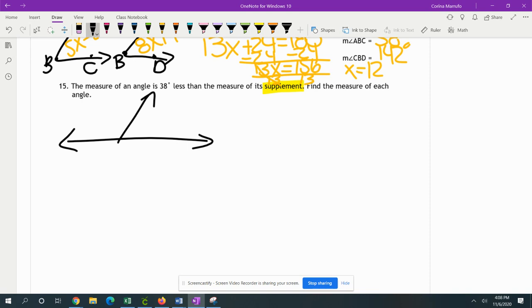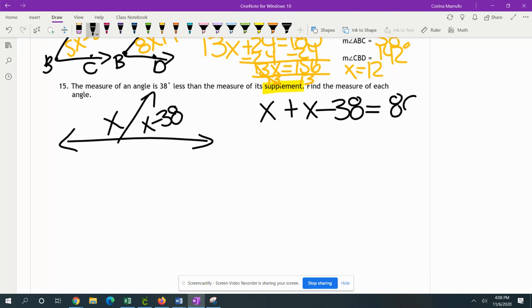But here it says the measure of an angle is 38 less than the measure of its supplement. So this one is 38 less than. You write it as x minus 38. So that means that the other one is just x. Okay. Now because they are supplementary, they need to add up to 180. Okay, x plus x is 2x minus 38 equals 180.